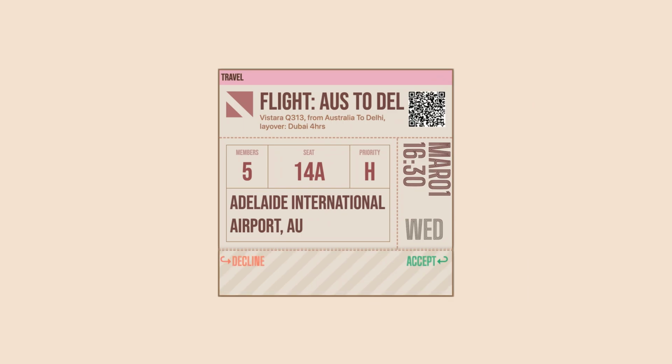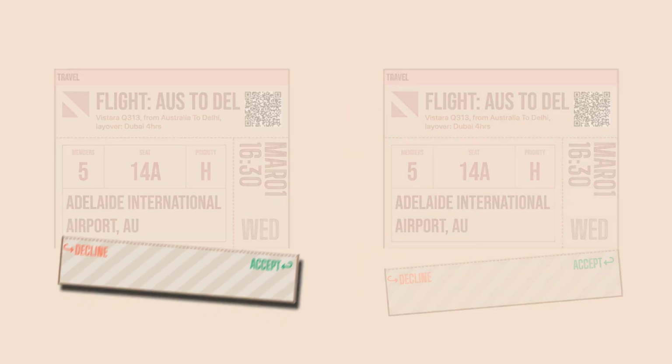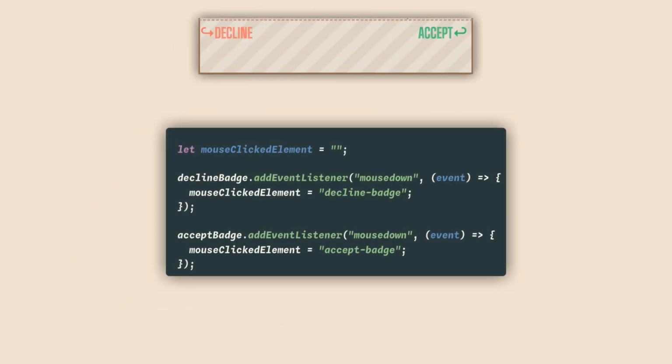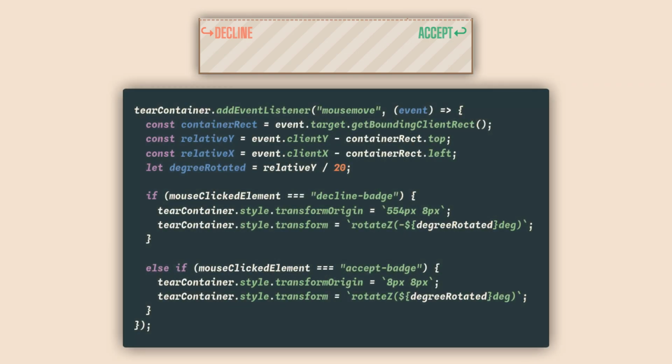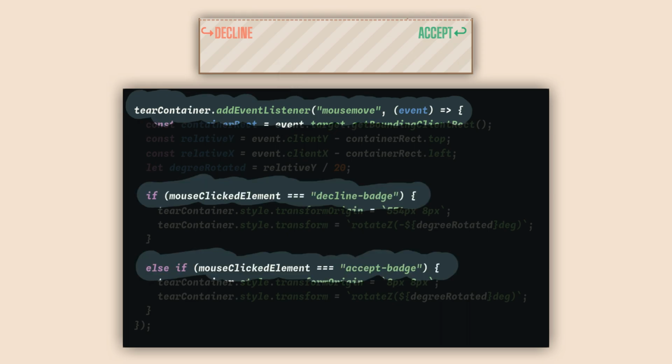Finally, I want to add the ability to accept or decline an event by tearing the bottom part from the respective side. I've added a mouse down event listener on the accept decline badge, which stores the name of the clicked element. On the tear container mouse move, we first check which badge was clicked.